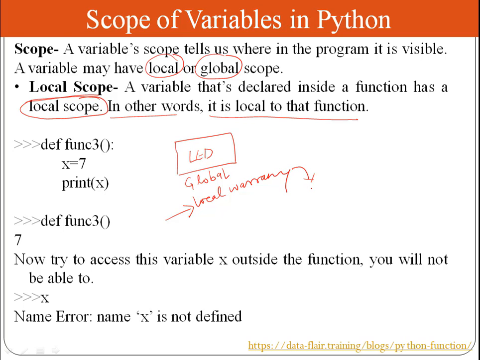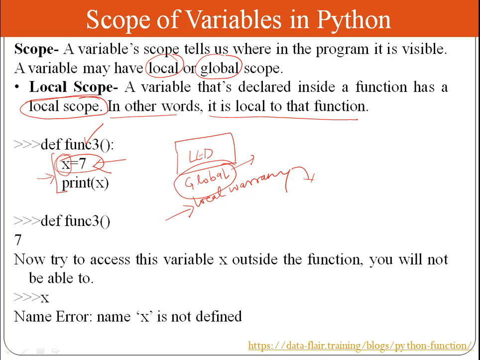Similarly, if a variable is local, it is declared only inside the function and is visible inside the function only. If you try to find the value of that variable outside the function, you will get an error, because it is not known to the outside world. Only this function func3 knows x, and nobody outside func3 knows it.